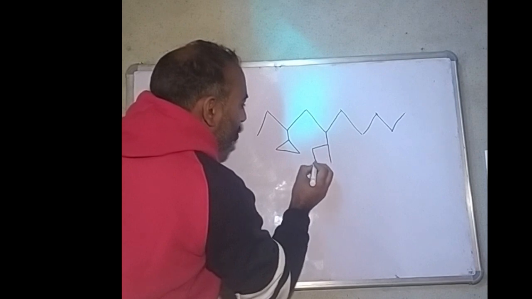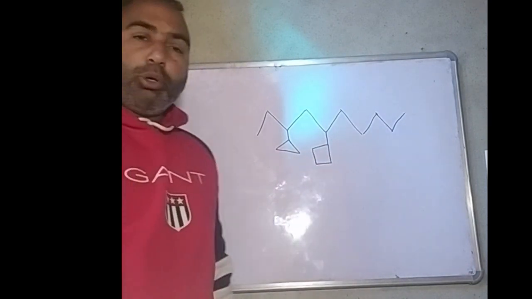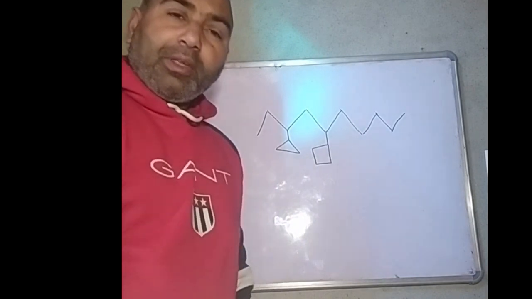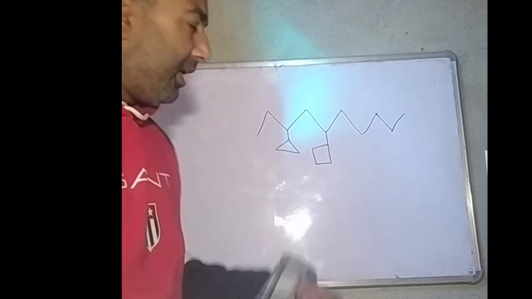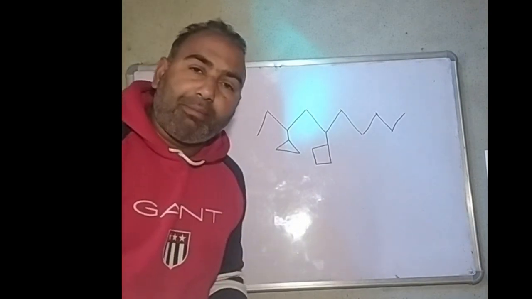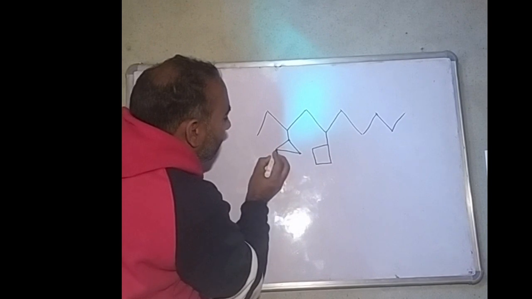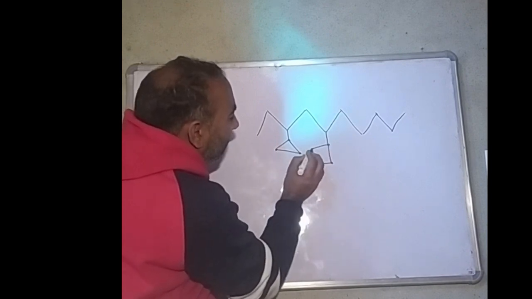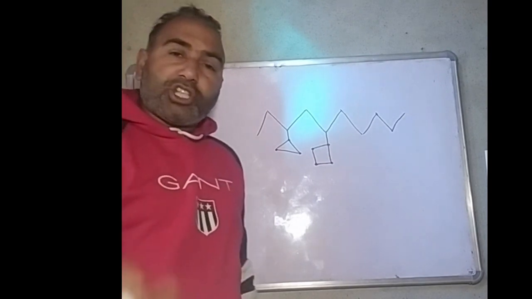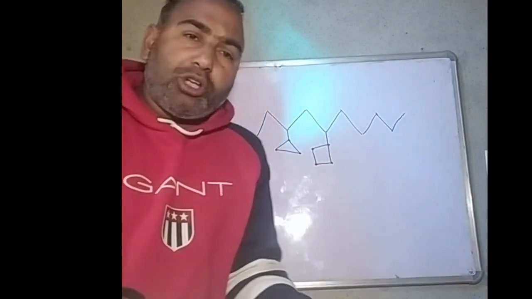Here one more substituent. See, two substituents. Both alicyclic substituents, cyclic substituents. Let us write the name of this compound. This is 3 carbon substituent, cyclopropane. This is cyclobutane. So first we will write as per the alphabetical order, cyclobutane.